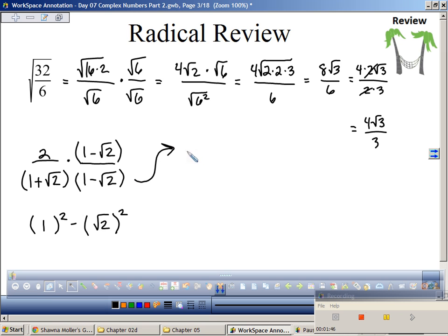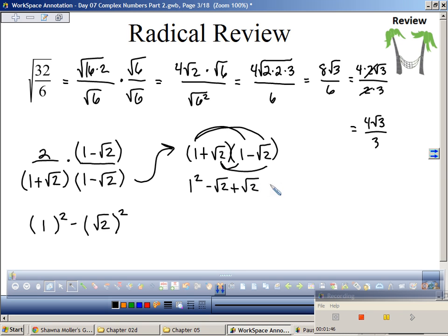Let's FOIL this. What's that? 1 squared. What's this? Negative root 2. And this? And this? Negative the square root of 2 squared. Correct?